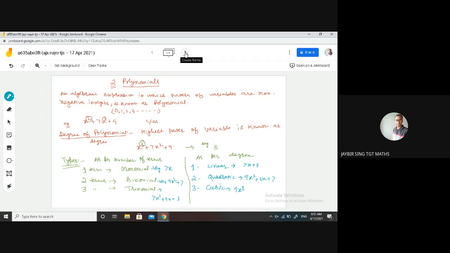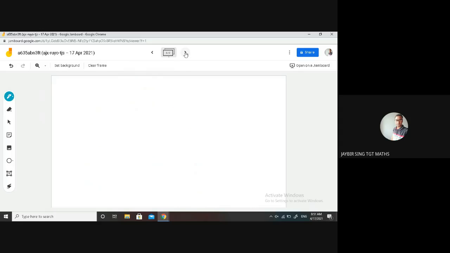Now we have two very important points. One is regarding the zero polynomial, and second is the constant polynomial. Constant polynomial means any non-zero constant. See, this may be 7 or 9.